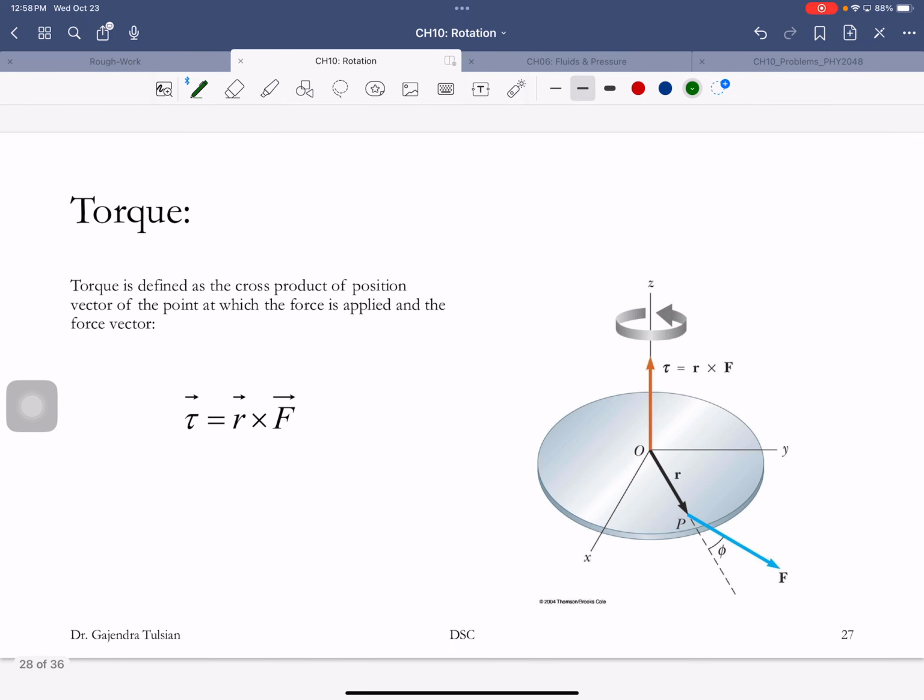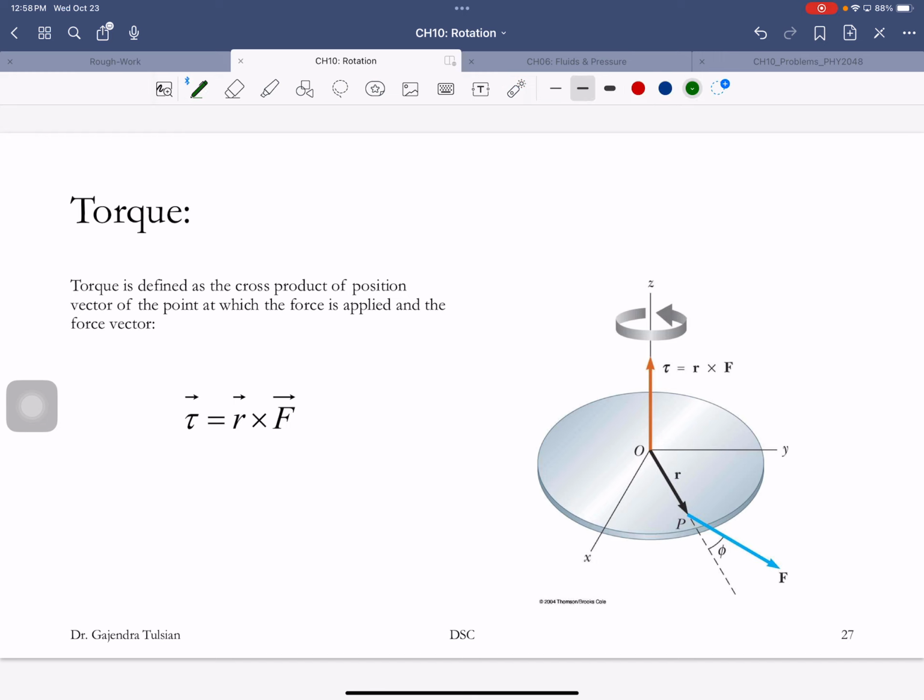All right, so here is the general definition of torque. Torque can be calculated about any point if this is the force. R is the vector from the point about which you're calculating the torque. There's the vector, and the torque is R cross F. Here's a good way to think about this.